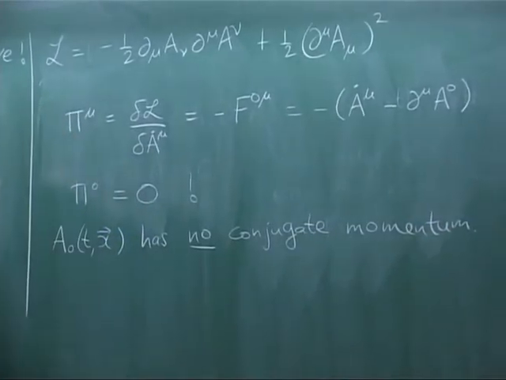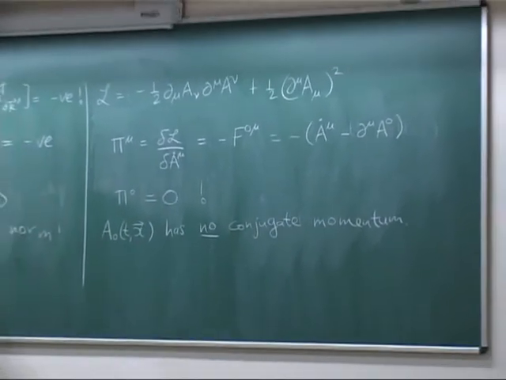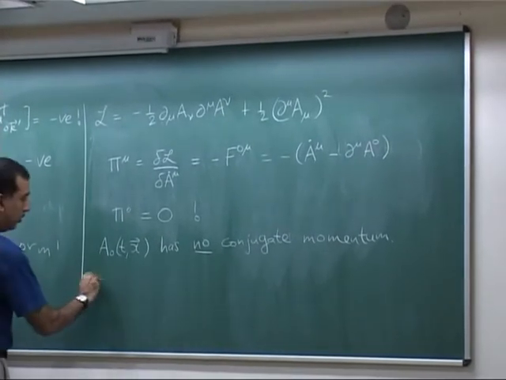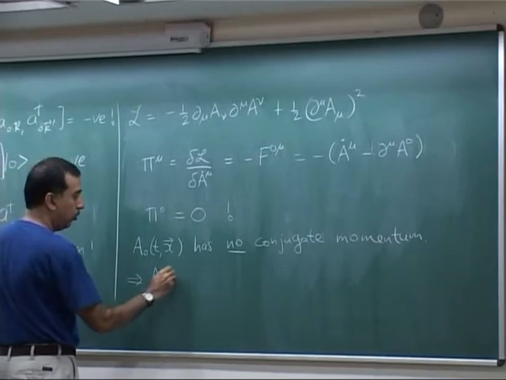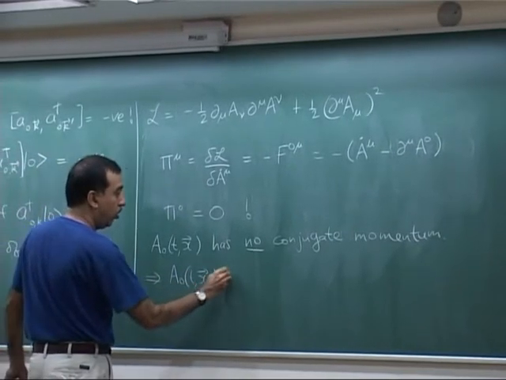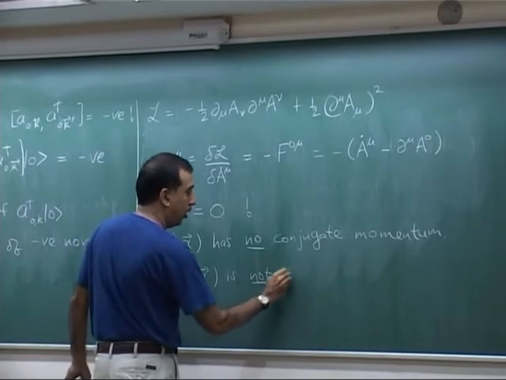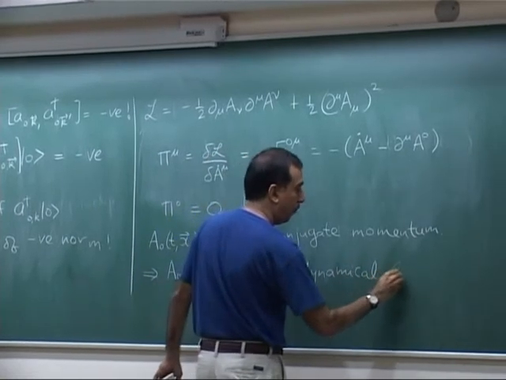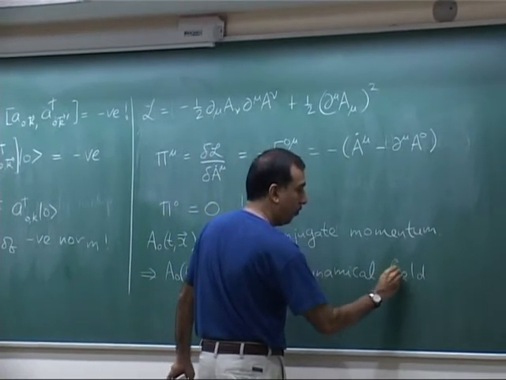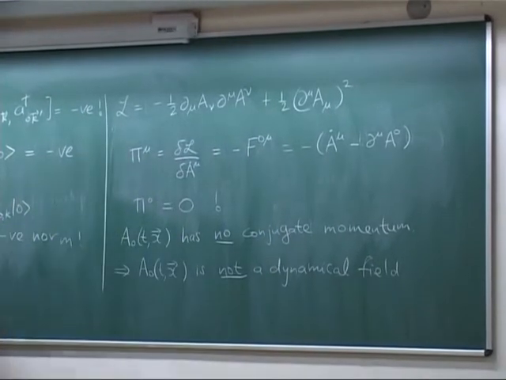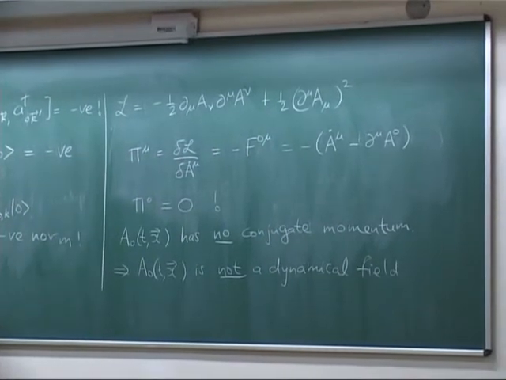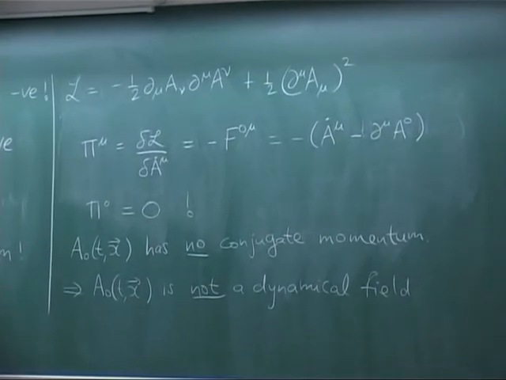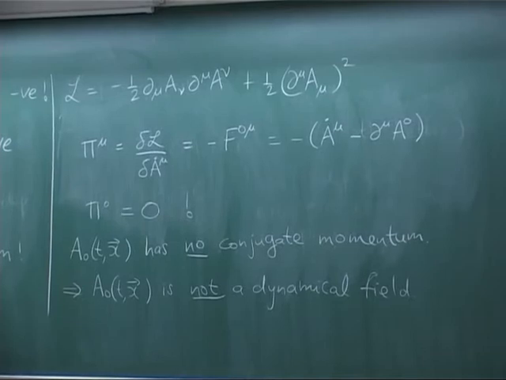And this is a strong hint, though not yet a proof, that there won't be any problem with negative norm states, because in fact, as we'll now show, A0 is not a dynamical field. We'll make it more and more clear what we mean when we say it's not a dynamical field. It's some kind of artifact or artificial field variable which can be removed.